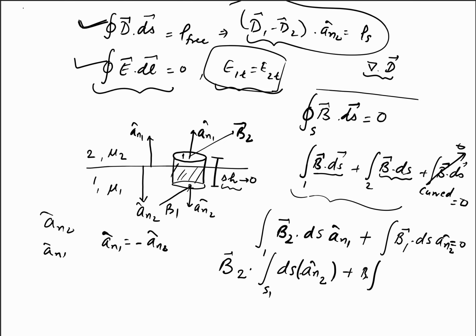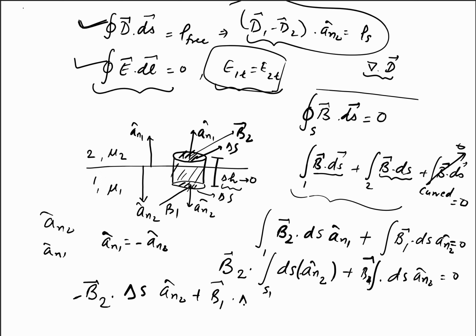Similarly, B1 dot dS an2 is equal to 0. So B2 dot delta S, let us say this area is delta S, an2 with a minus sign, plus B1 dot delta S an2 is equal to 0.